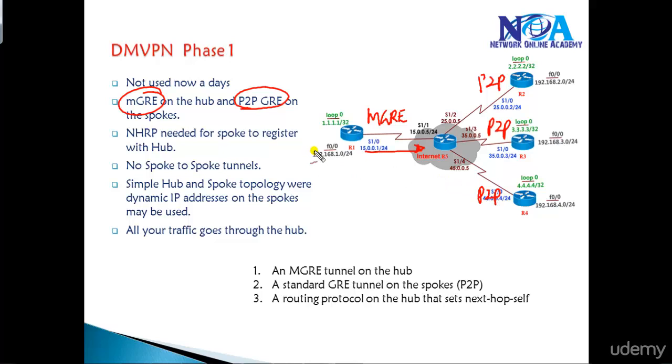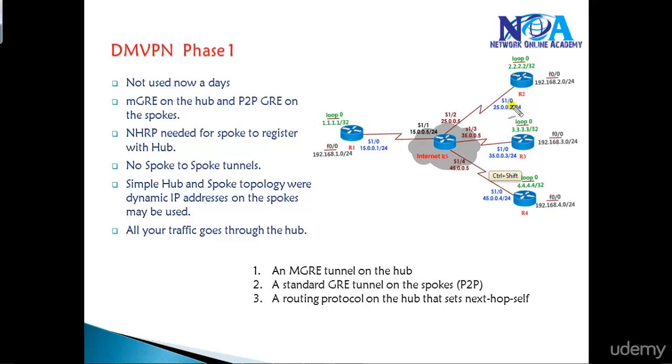Now how it differs from phase 2, we'll talk about phase 2 in more detail. In case of phase 1, no spoke-to-spoke tunnels are established. You have a tunnel from router 2 to router 1, from router 3 to router 1, and from router 4 to router 1, but you will not have any tunnel between spoke to spoke.